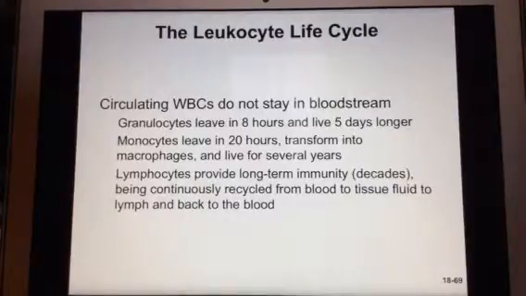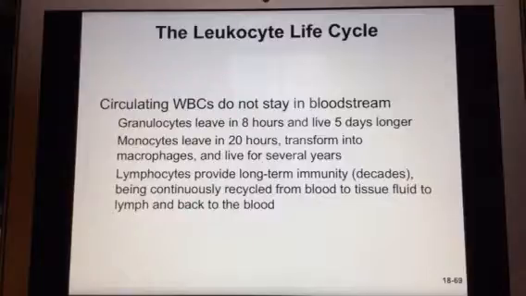Okay, our white blood cells do not stay very long in the bloodstream. Depending on the type, they are going to leave shortly and then go to the connective tissue where they are going to live longer. So granulocytes, all 3 types, are going to leave the bloodstream within 8 hours, but then at the connective tissue where their destination is, they would live 5 days after that.